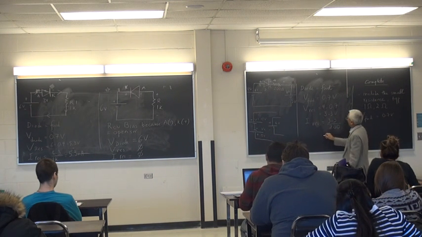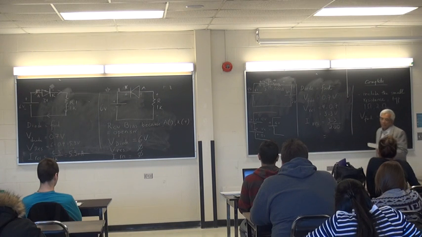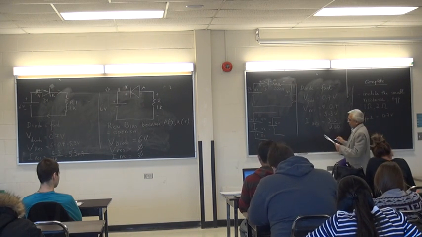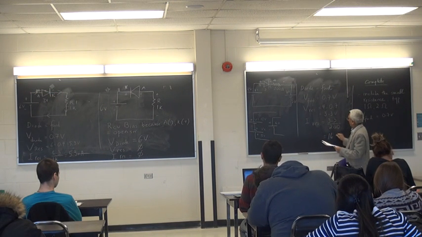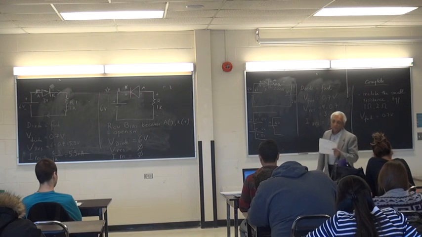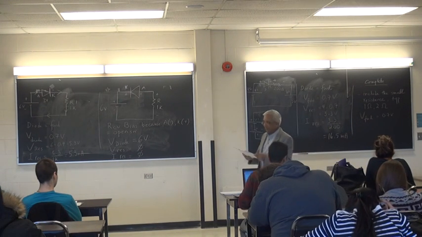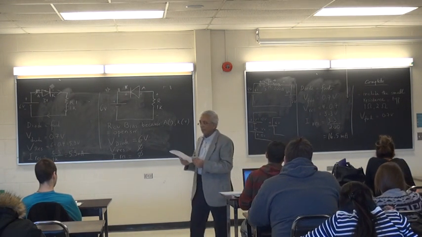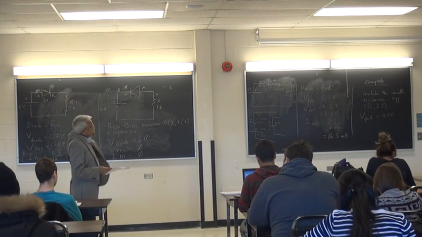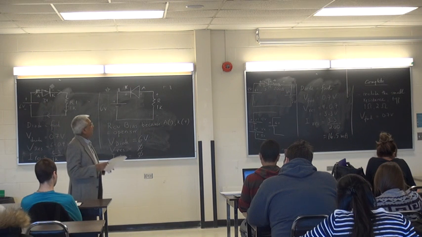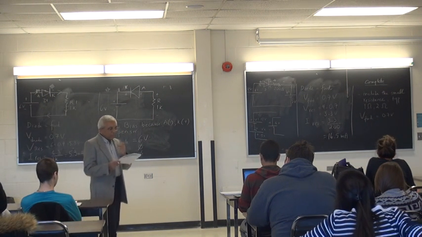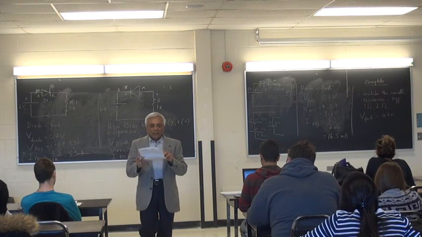How much? 16.5 milliamps. Okay, so that's number 5. What I did was I combined 9 with 5. The rest of the circuit is similar to the previous example. Now let's do number 6.